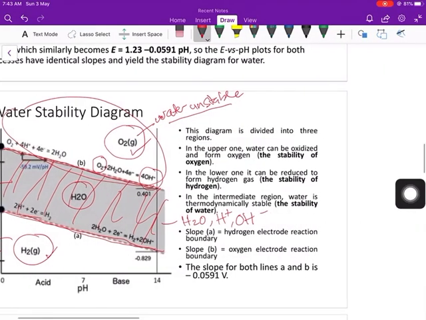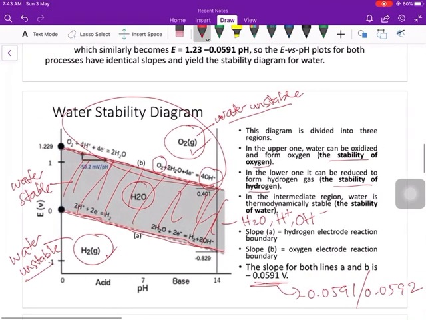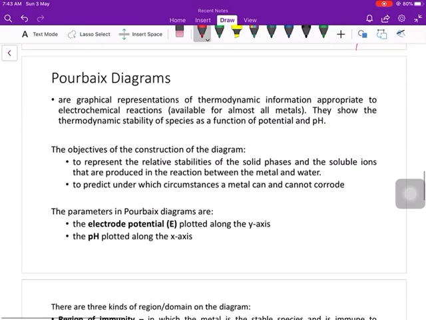Is hydrogen. So you can read here. So there are three regions, which is oxygen stable, the stability of hydrogen, and the stability of water. So both lines are similar. Okay, 0.091, or sometimes you can find in the book 0.92 volt, but in the negative direction.